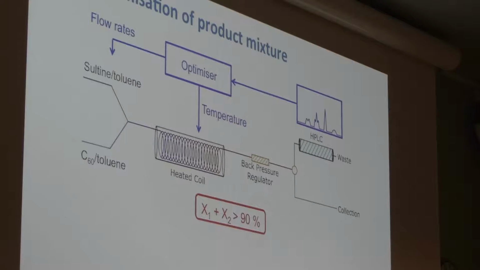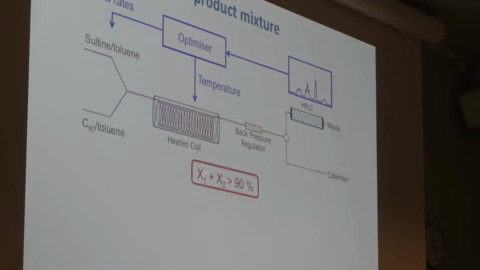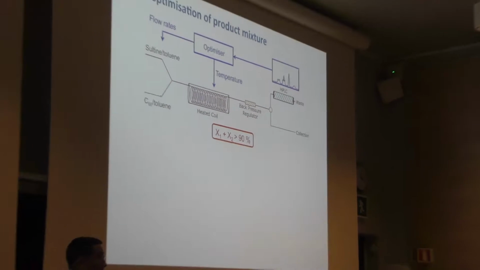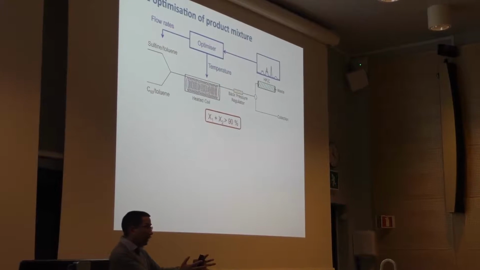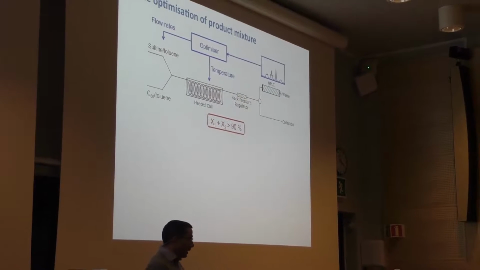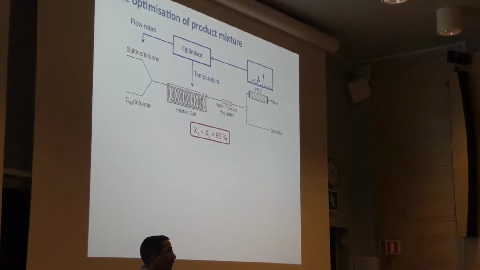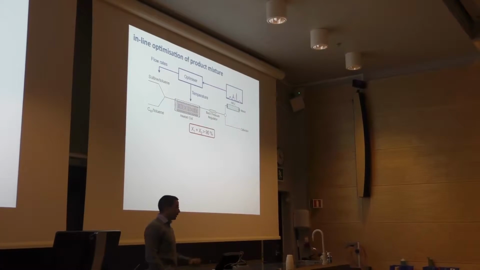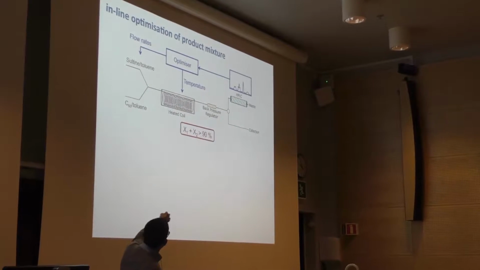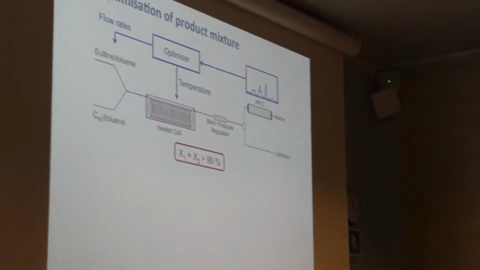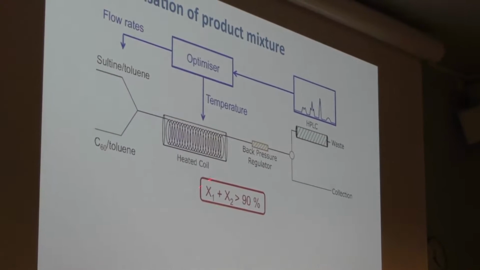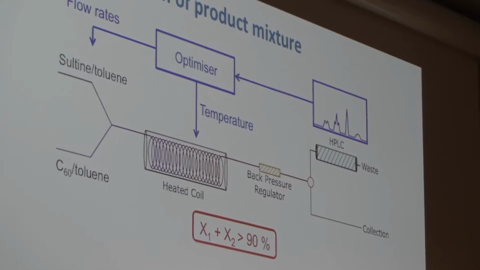And then only a small amount of my C60 would become functionalized, so I'd end up with a mixture of unreacted reagent and my singly functionalized derivative, and nothing else. So I could get a lot of x1. If I wanted a lot of x2, I can let my reaction go a long, long way, but what's going to happen then is in making a lot of x2, I'm going to start making some x3, which I don't want. So what we've tried to do here is we've said, these are the two derivatives that are of most interest electronically. Let's ensure that collectively they provide a yield of 90%.